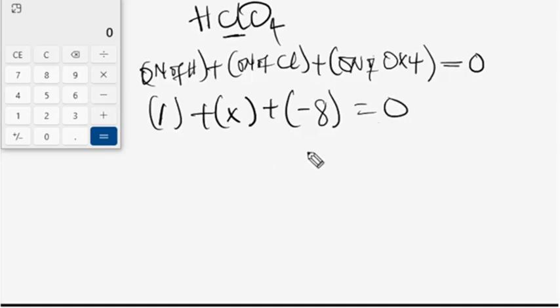Now after this, we're going to collect the like terms. So we're going to have X equal to, so this and this will move over here, and the -8 becomes a +8 here. So that's 8, and then the positive one becomes a -1 moving over here. So that's 8 minus 1. So X is going to be +7.